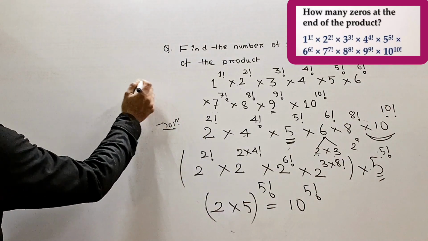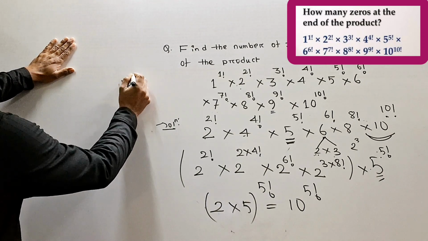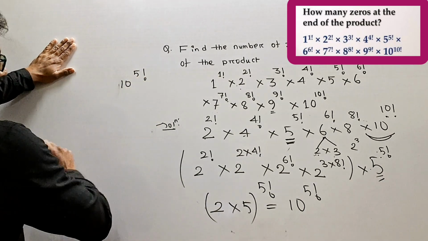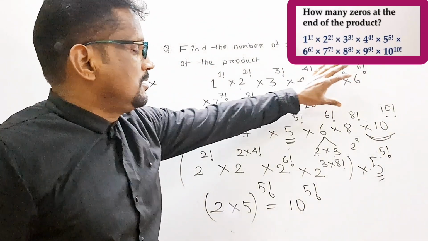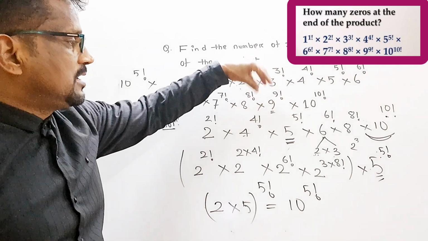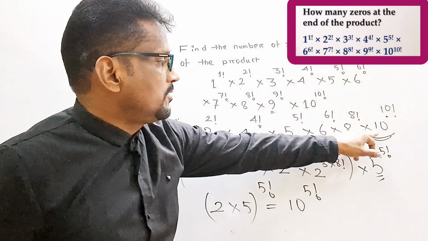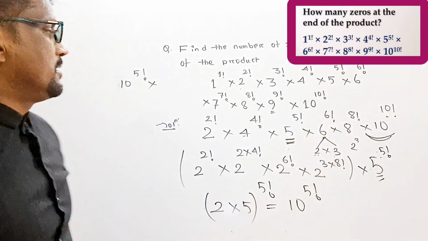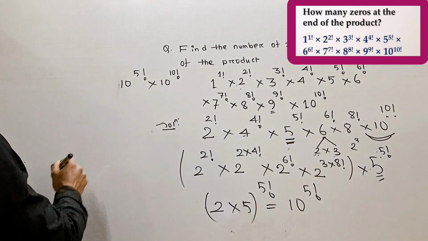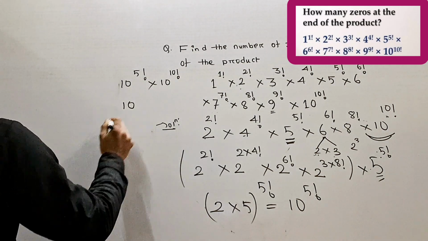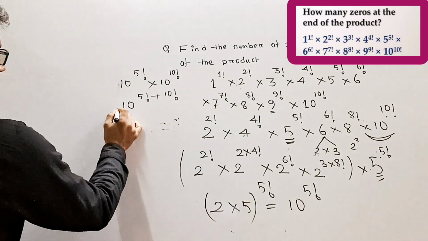So now the number of zeros will be 10 to the power 5 factorial, that is from this number the pairs of 2 and 5 we have observed, 5 factorial, and already 10 to the power 10 factorial itself is there. So it is 10 to the power 5 factorial plus 10 factorial.